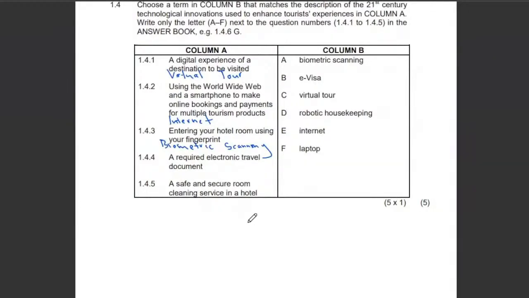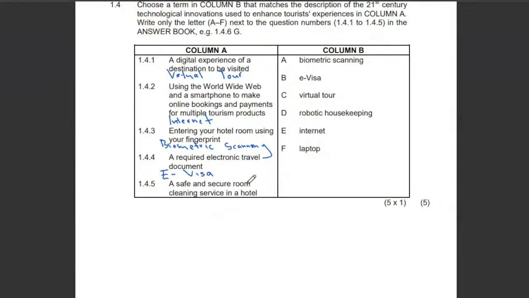Then a required electronic travel document. Whenever you're traveling to a foreign country, you must carry a passport and a visa as well. So in this case, a required electronic travel document would be our e-visa, an electronic visa.